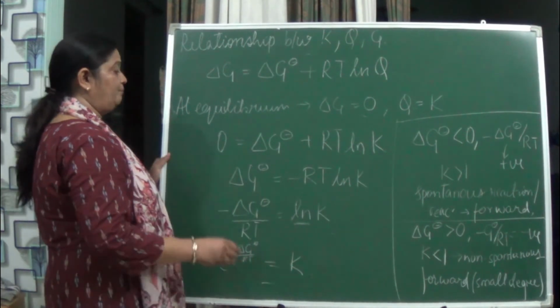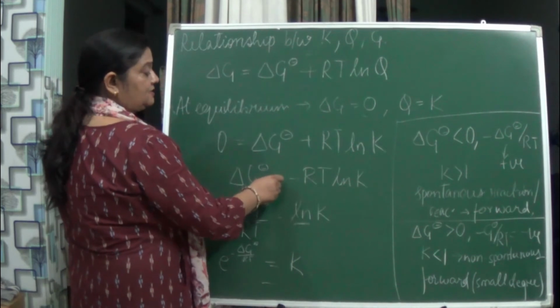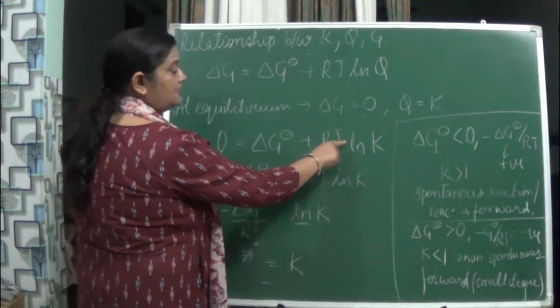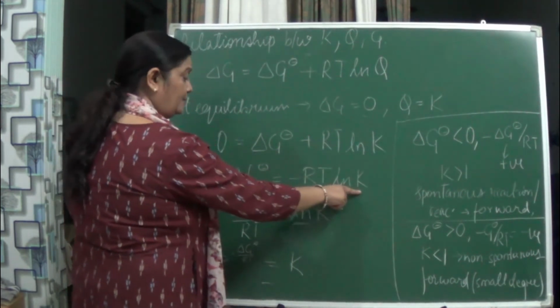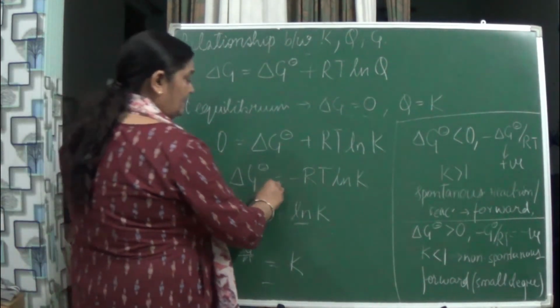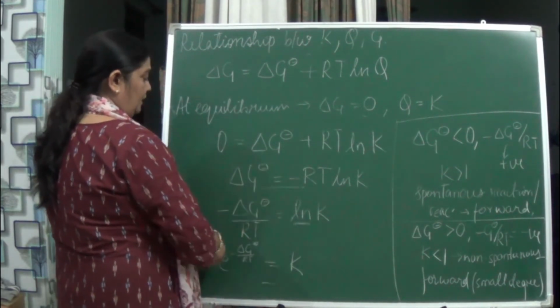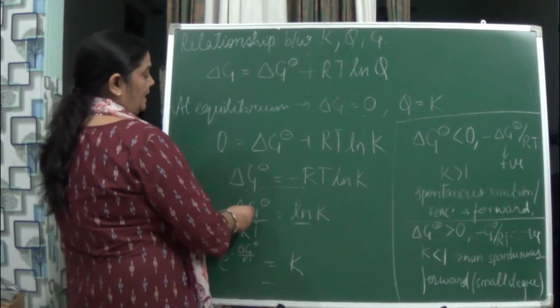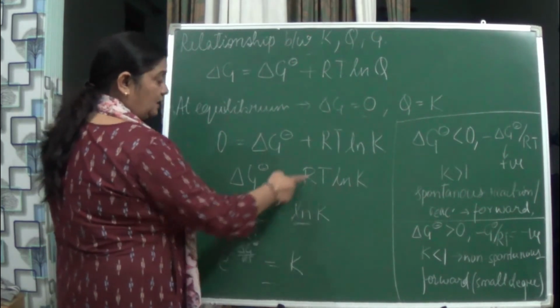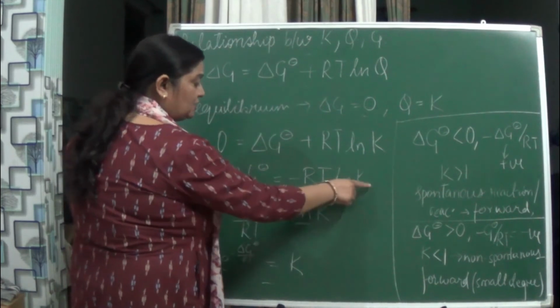So now change in standard Gibbs free energy is equal to minus RT ln K. Now we'll just be solving this. When we solve it, it will become minus change in standard Gibbs free energy upon RT, that is equal to natural log K.